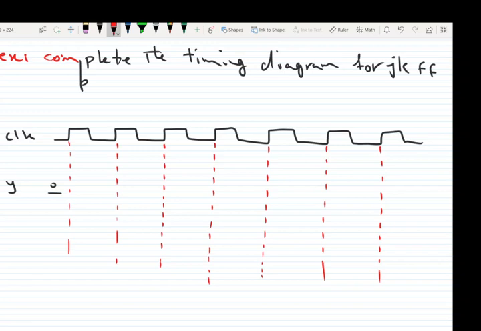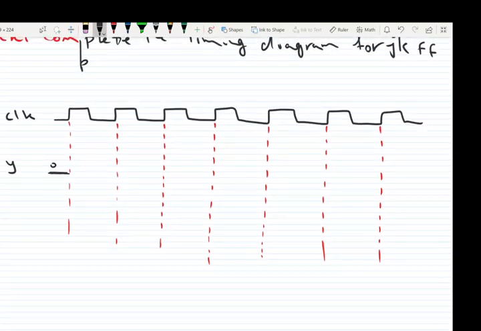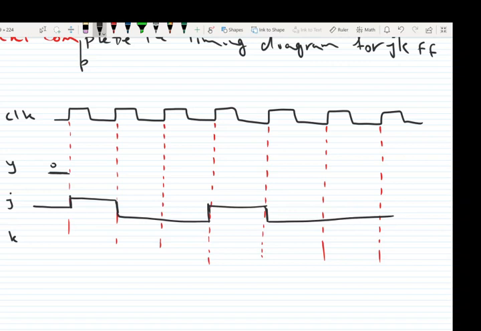And then we have our output y and two inputs J and K. Inputs J and K are given to us and we are supposed to determine the output. So J becomes 1 at this moment and then goes back to 0 for 2 clock cycles, then changes to 1 and changes to 0 and it remains 0 until the end.